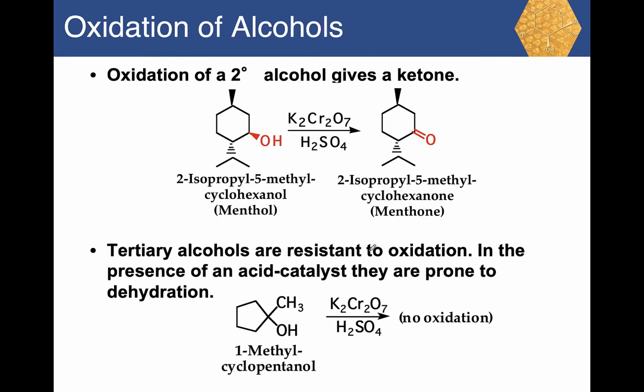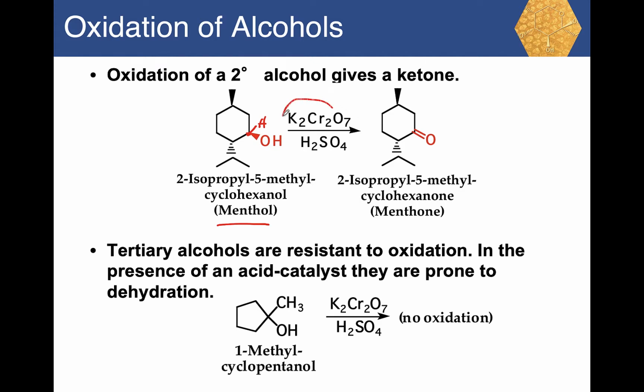Here's some more examples. Here is another alcohol, menthol. It's a secondary. As you can see here, here's a carbon that has the OH group. It has a hydrogen bonded to it because this is the line angle structure.